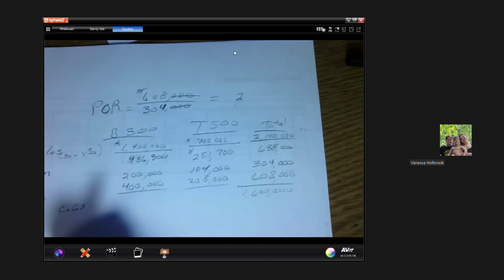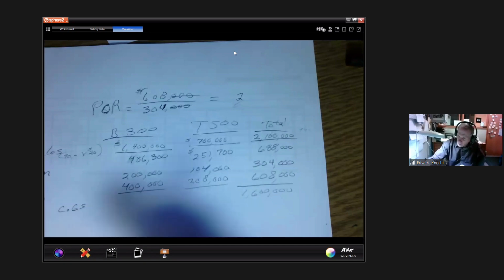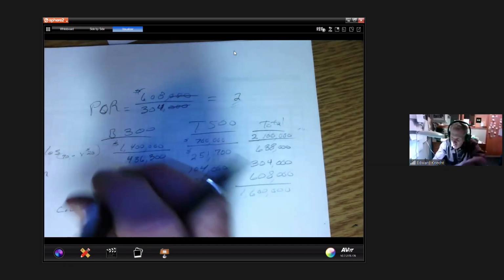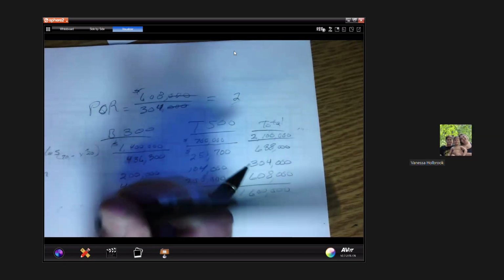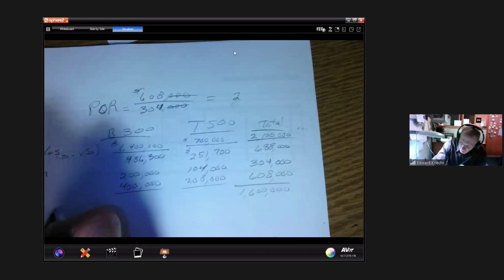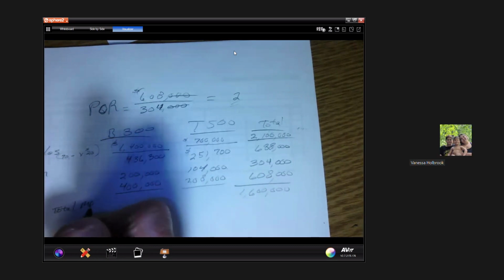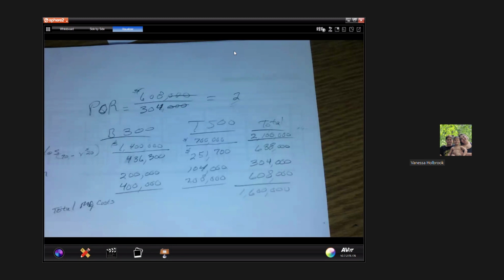Now we can get our cost total. Quick question. This is cost of goods sold because we use all manufacturing, but we can also say it's total manufacturing costs, correct? Because manufacturing costs consist of three: direct materials, direct labor, and manufacturing overhead.